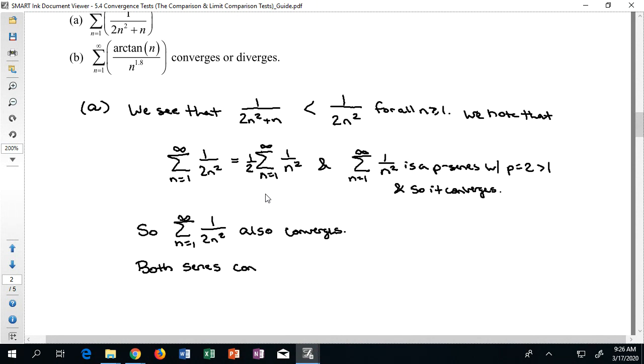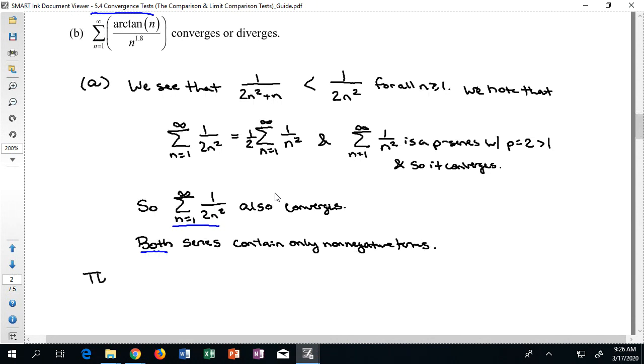Both series contain only non-negative terms. Notice here when I talk about both series, I'm referring to this one and the original. And therefore I can reach a conclusion.